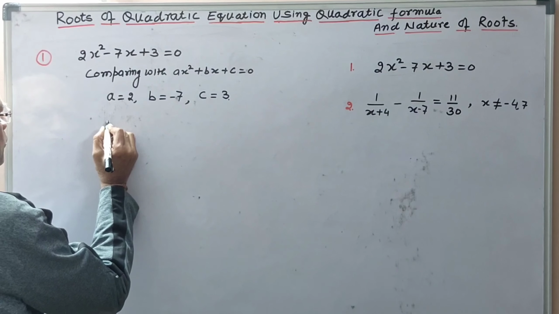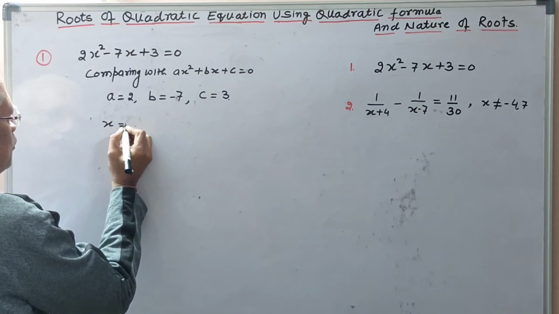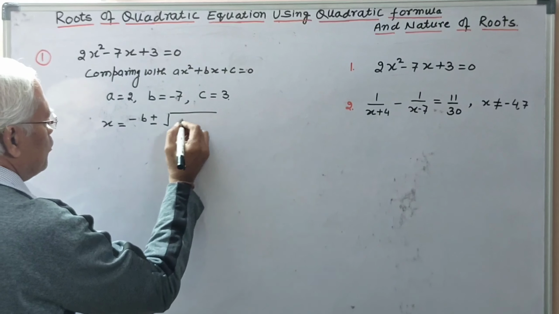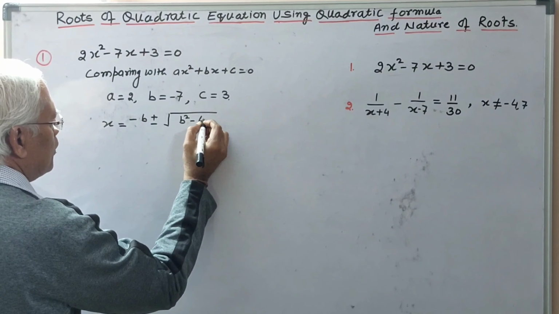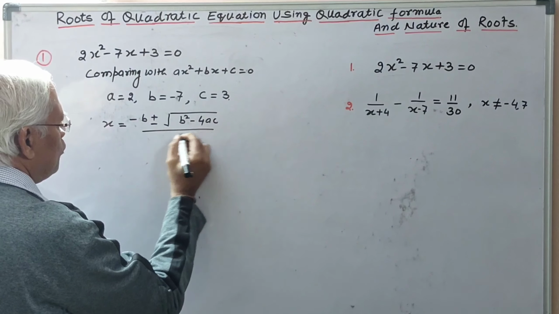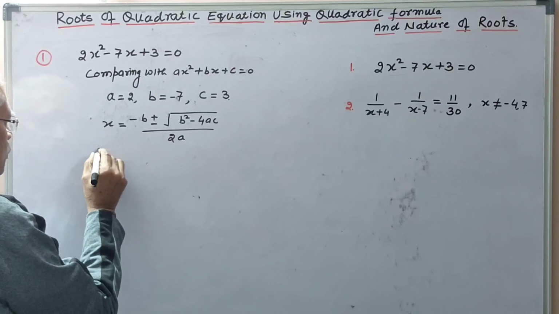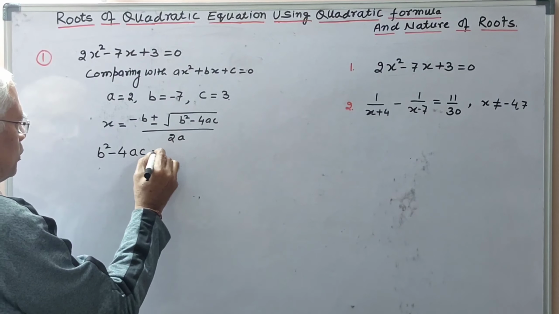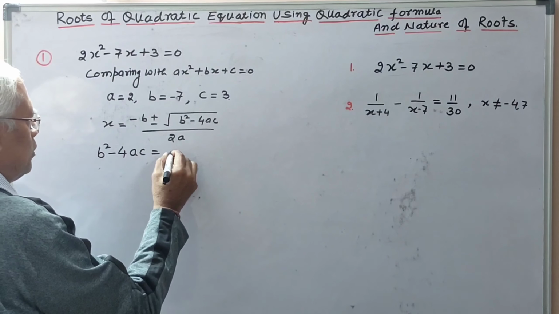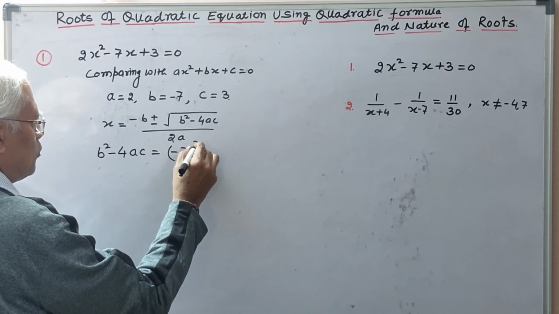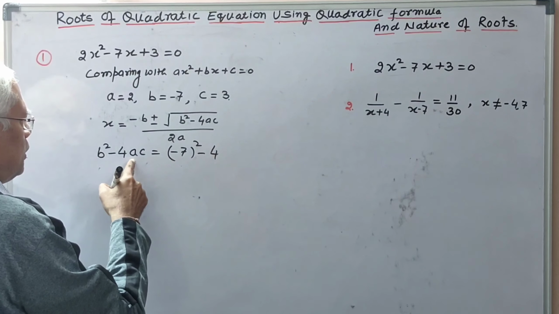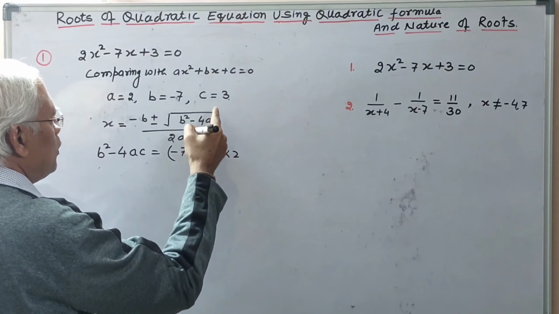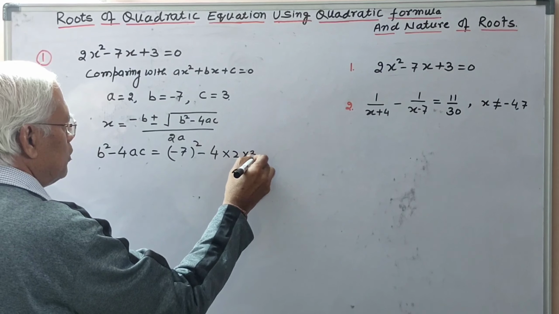First of all, we'll write this formula minus b plus minus root over b square minus 4ac upon 2a. So first of all we will find the value of b square minus 4ac. What is b? Minus 7 whole square minus 4 into a is 2 and c is 3.